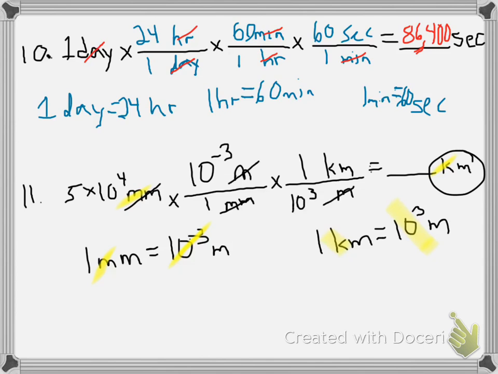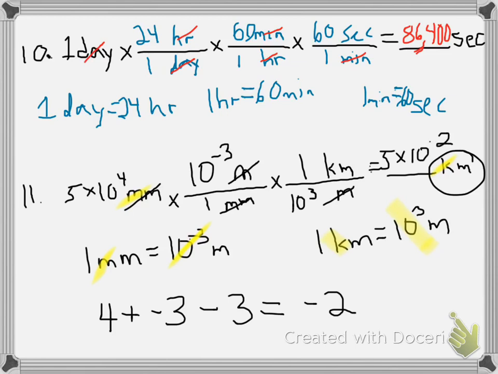My meters cancel out and I can do my calculation. So I know I'm going to have 5 times something. So if I have 10 to the 4th times 10 to the negative third, I'm really adding those. So that's 4 plus negative 3, divided by 10 to the third, so that's minus 3. So that will give me negative 2. So I'll have 10 to the negative 2.